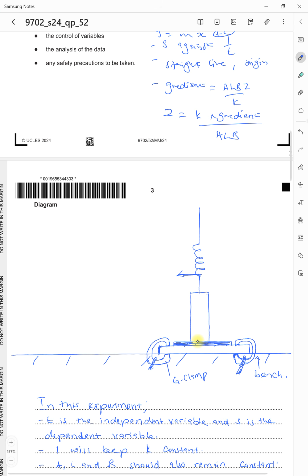So that is the G clamp, which is holding the magnetic sheet. So this is the magnetic sheet.